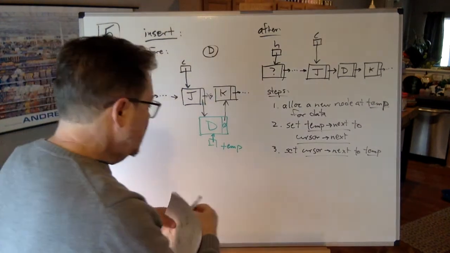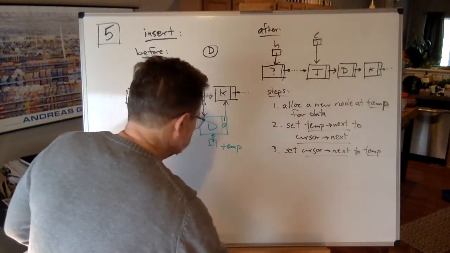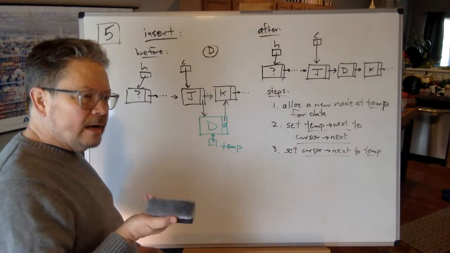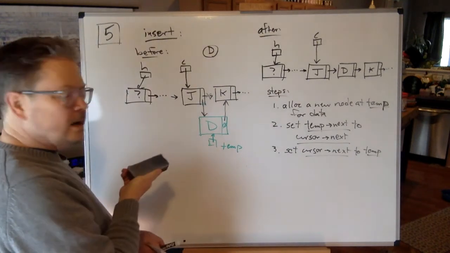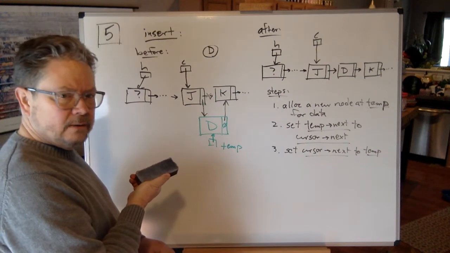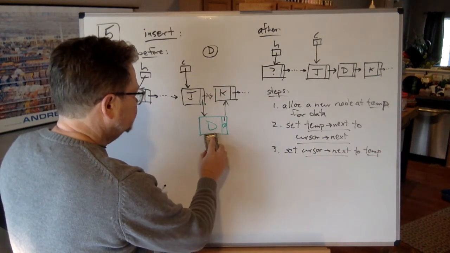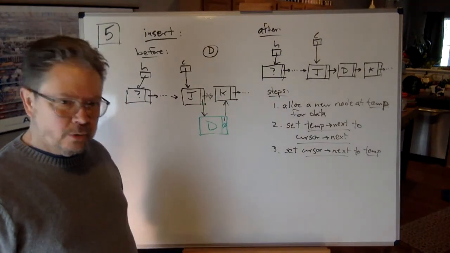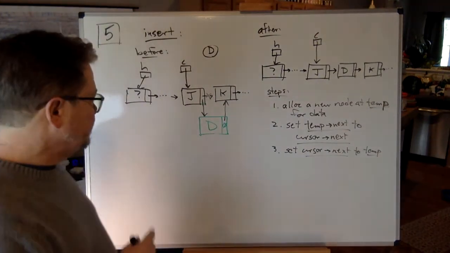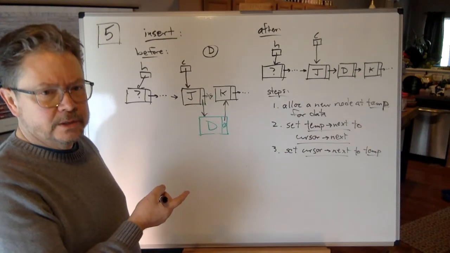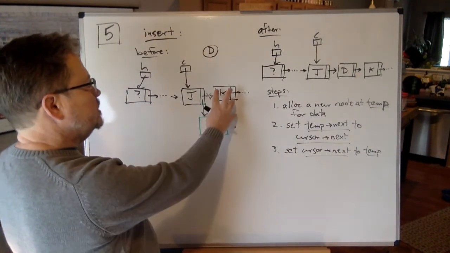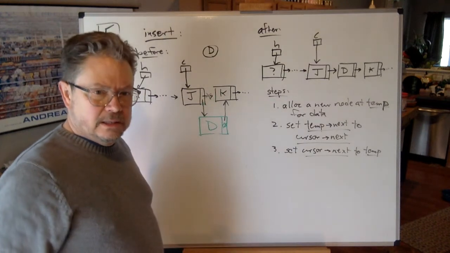Temp, on the other hand, watch what happens when temp disappears. If temp is a local variable, meaning it's defined right inside the top of the function, it's not up there in the private section of the header file, poof. No harm done. That's why it was named temp. It's only a temporary usefulness. It was hanging on to node D until we could get node D situated where it needed to be in the linked list.